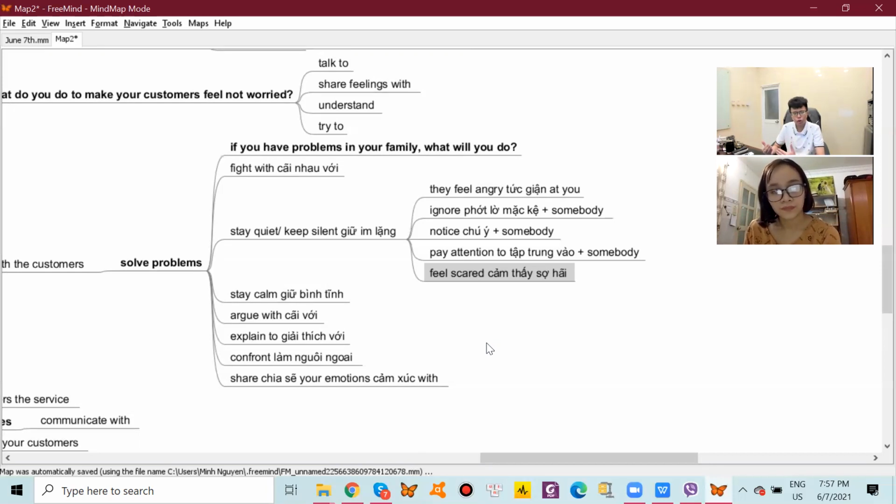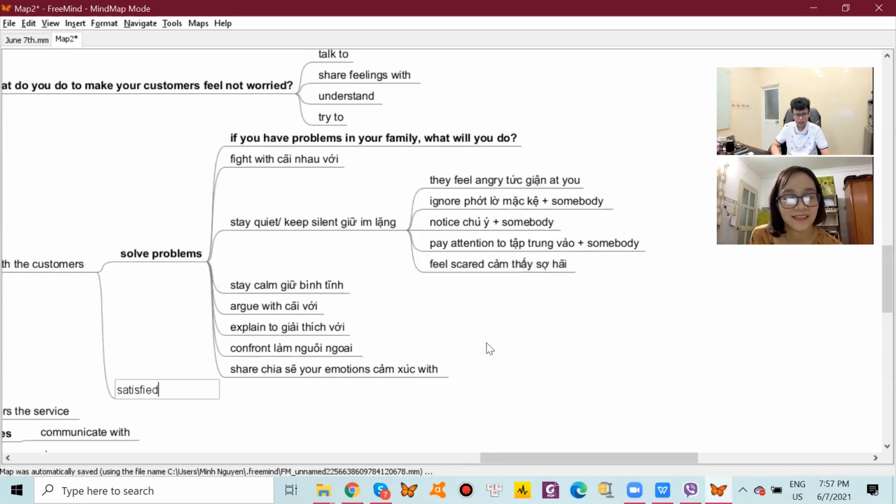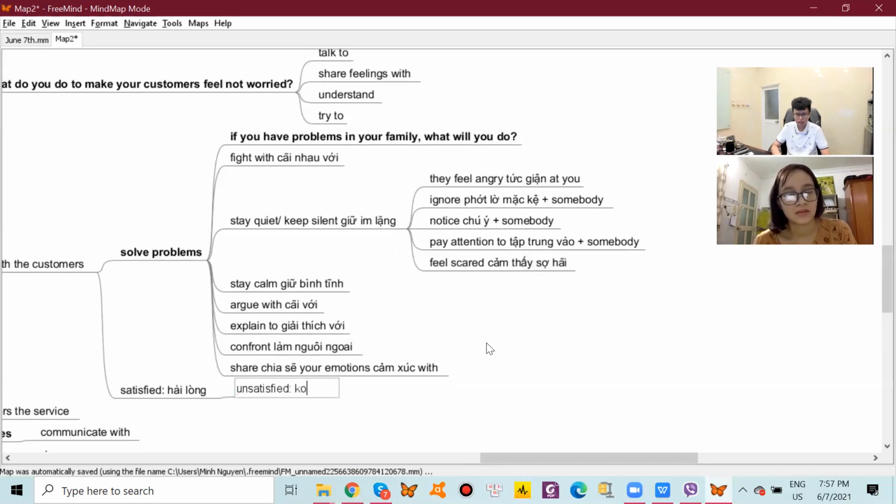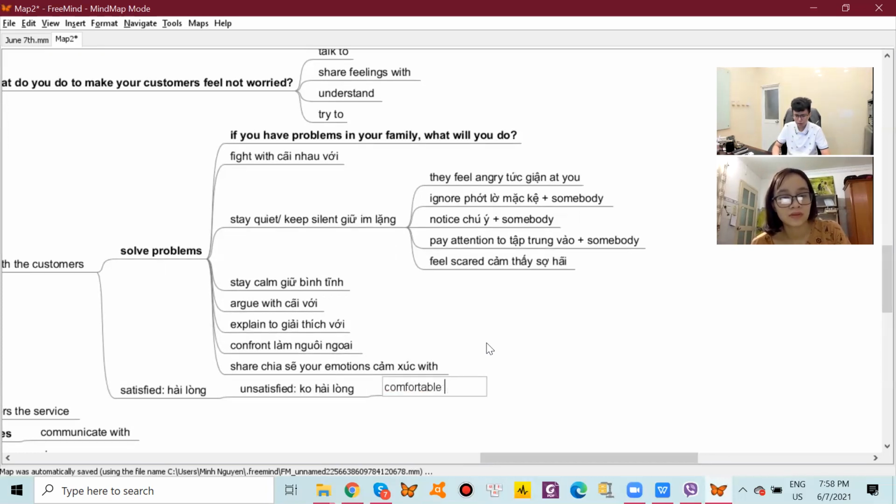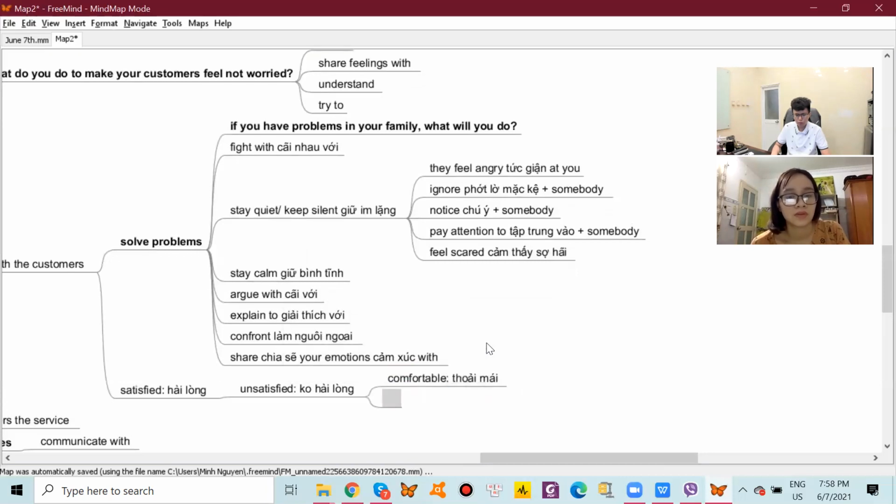We have words like this: satisfied or unsatisfied. For example, you feel comfortable, or you will feel uncomfortable. So how do you feel when your family confronts you?